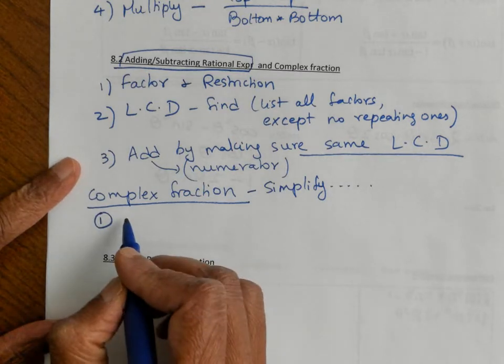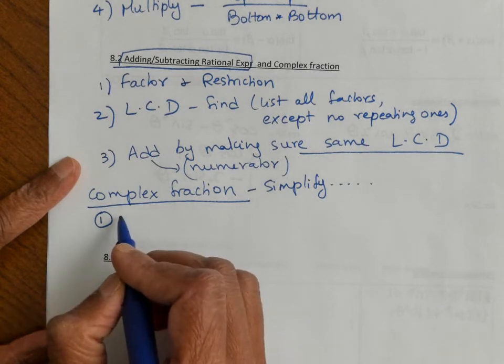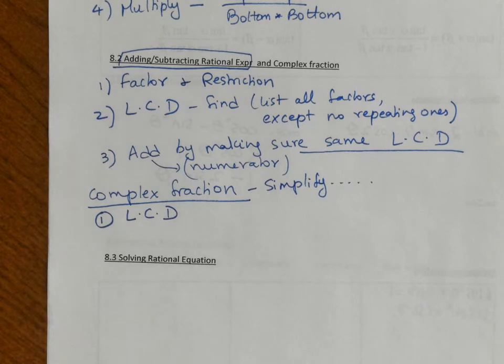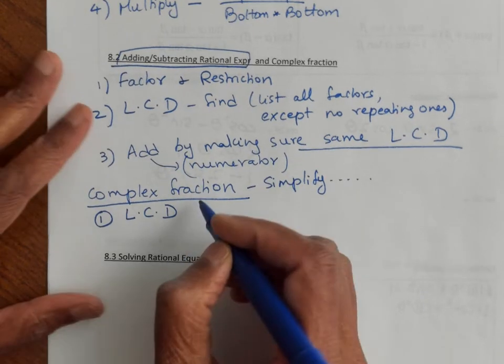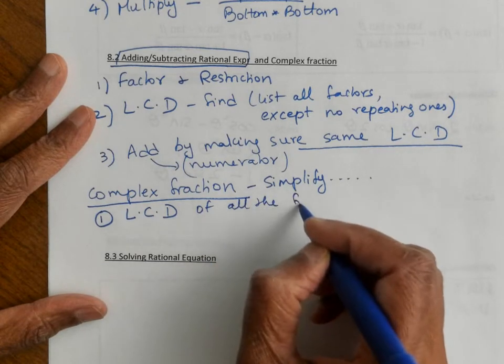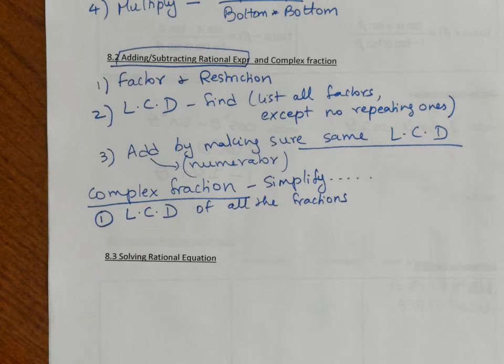Factor it. Yeah, factor it. Yes, that goes without saying. But the main thing is for you to find the LCD, and for you to find the LCD, you have to factor. So I'm not even going to talk about that. The first thing is find the LCD of all the fractions that exist. Everybody good?